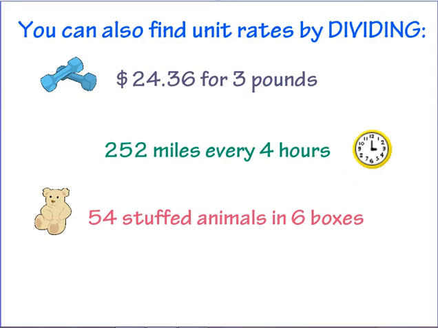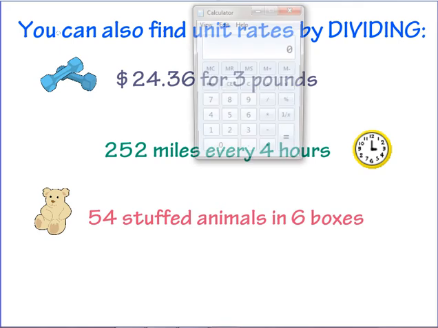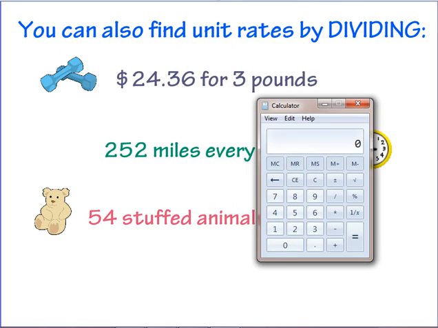If it's not so easy to find though, there is another way to find unit rate. You probably figured it out in that last graph already. But I can do this simply by dividing. So we're going to try that really quickly. If I have $24.36 for 3 pounds of something, I can do the division to find my unit rate.